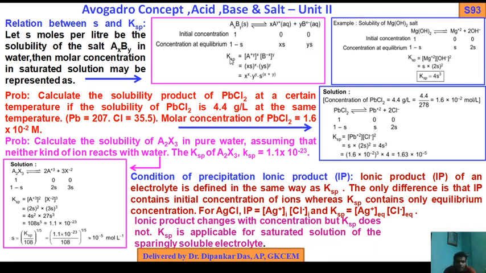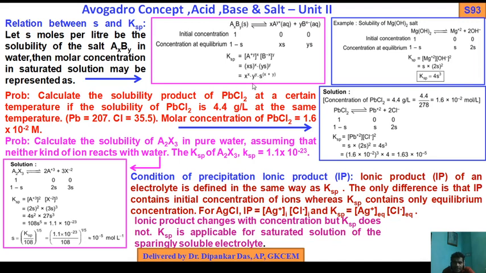Now come to Ksp equals [A^(y+)]^x [B^(x-)]^y. The A^(y+) concentration is (xS) to the power x. Similarly the B^(x-) concentration is (yS) to the power y.